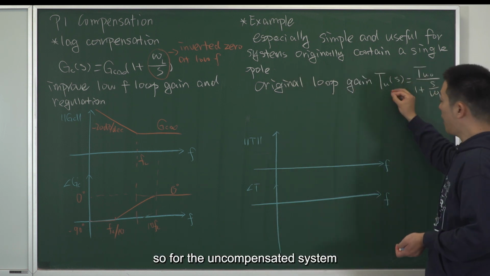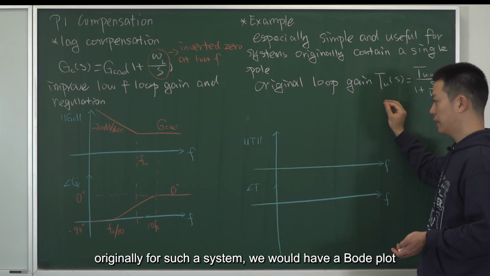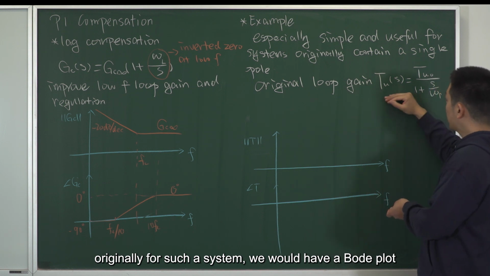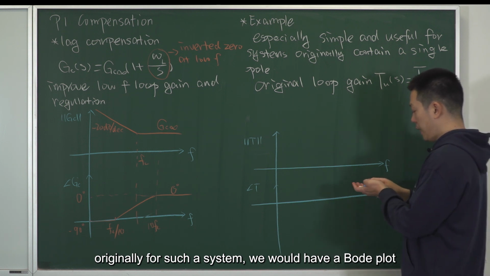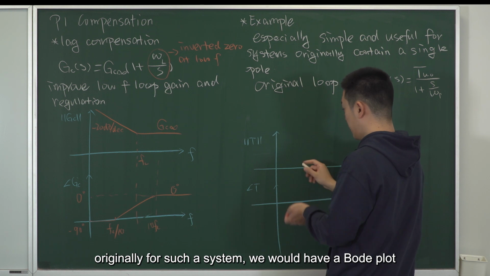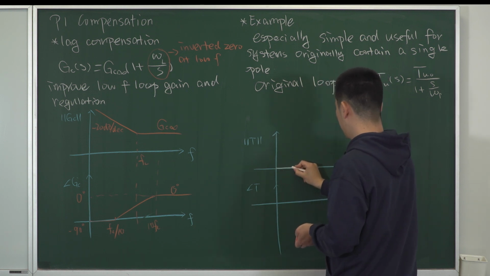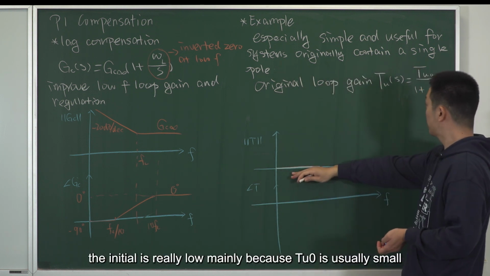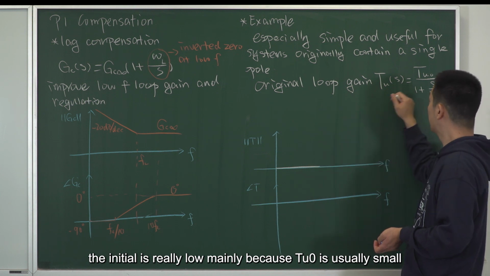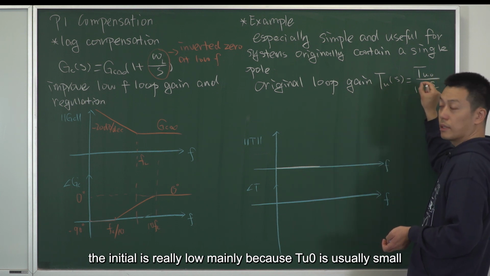For the uncompensated system, we would have a Bode plot like this. Initially it's really low, mainly because TU0 is usually small.